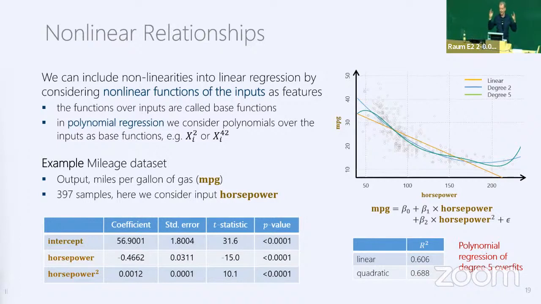Unless we explicitly only consider the squared predictor and not the plain one, we have two variables, and well, we can explain more. We know that R squared monotonically increases, not decreases. Basically, the degree 5 overfits.